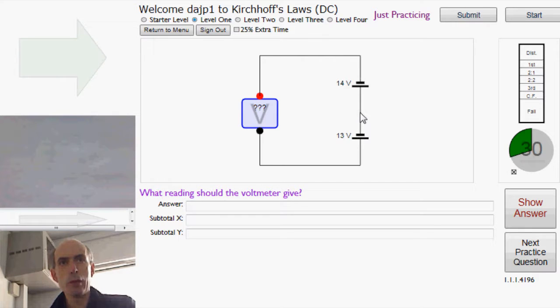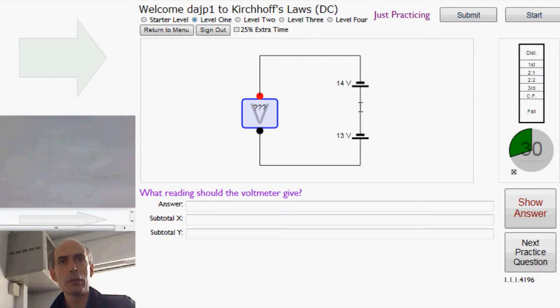So this point here is going to be 13 volts below this point here. That's what this is telling us. This is the positive end, this is the negative end. The positive end is 13 volts above the negative end. If we start here, we must have gone down by 13 volts to get there.